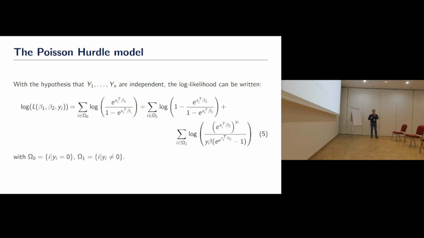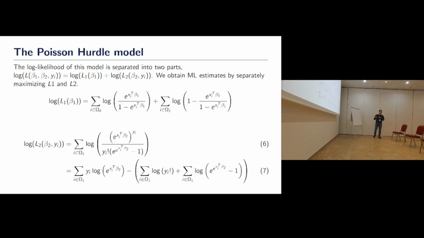To estimate the different betas of the model, we use a classic tool in statistics called the maximum likelihood. Here I have the log likelihood of my Hurdle model. With some mathematics, we can separate it into different log likelihoods.